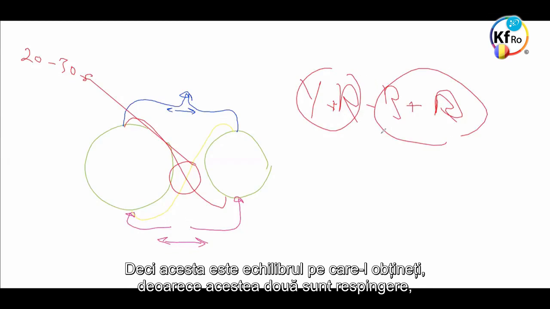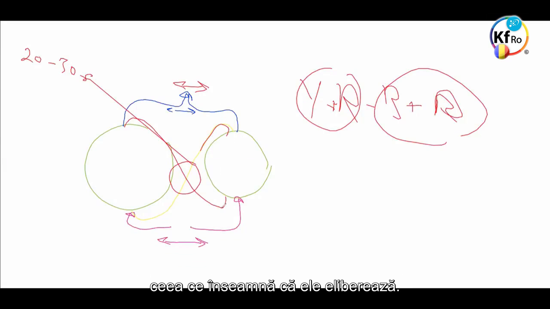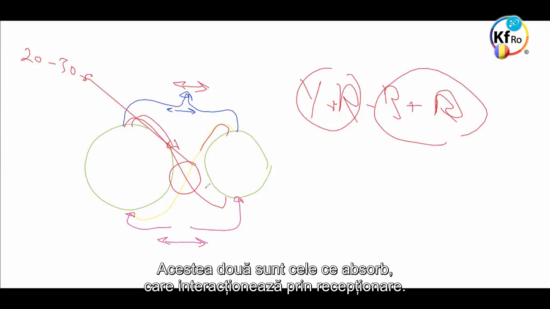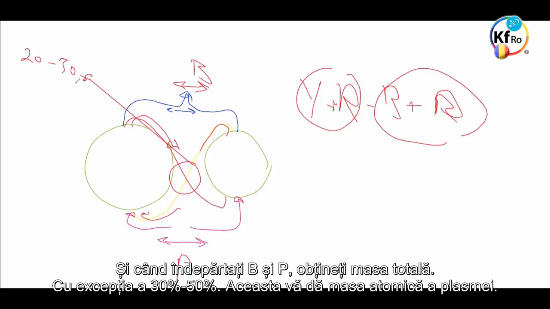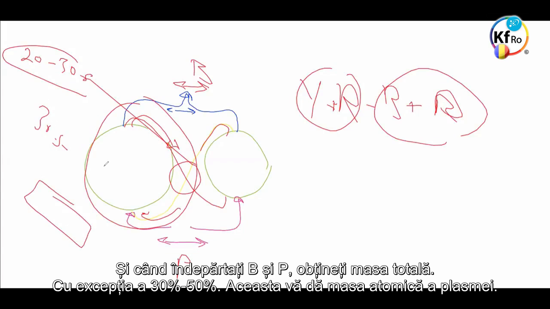This is the balance which you get, because these two are repulsion, which means they are releasing. These two are the absorption, which are interacting to receive. These are the four field forces that we always have to consider. And when you take the repulsions away from it, it gives you total mass exclusion by 30% to 50%. This gives you the atomic mass of the plasma.